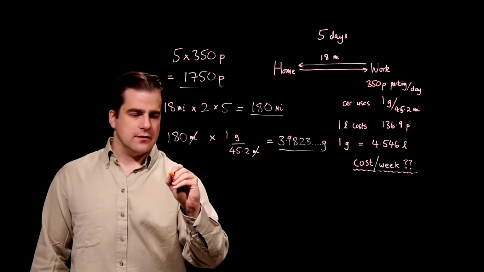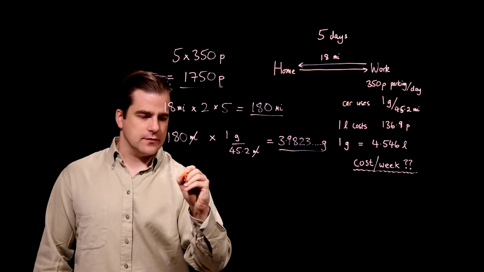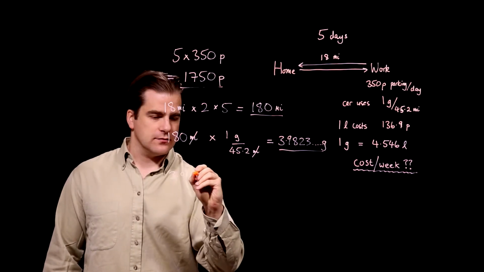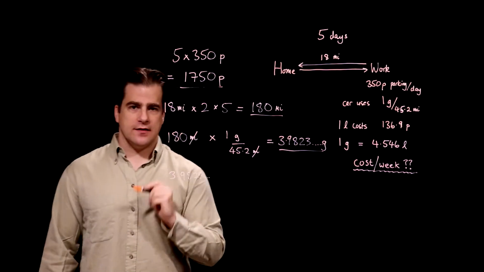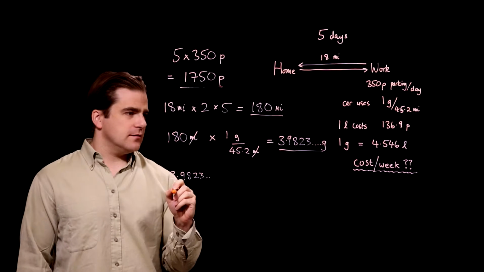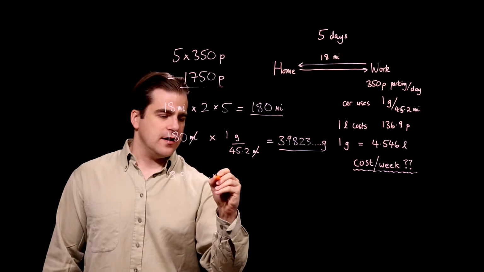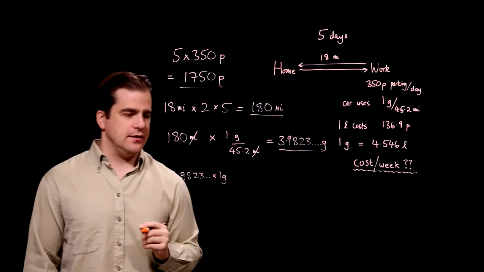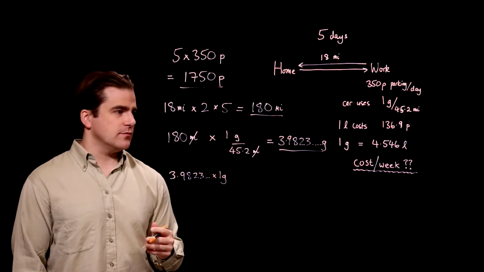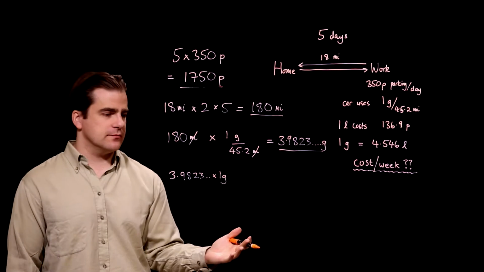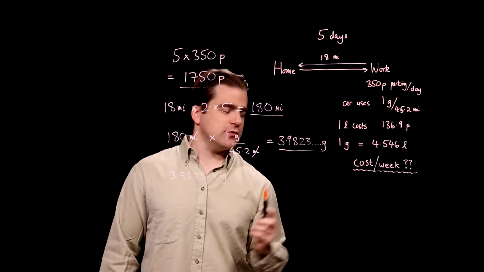Now, 3.9823 whatever gallons. Write it like this. Think of it as 3.9823 times 1 gallon. That and that are the same thing. I'm just writing it like this to help make this next bit easier. We know that 1 gallon is equal to 4.546 litres.